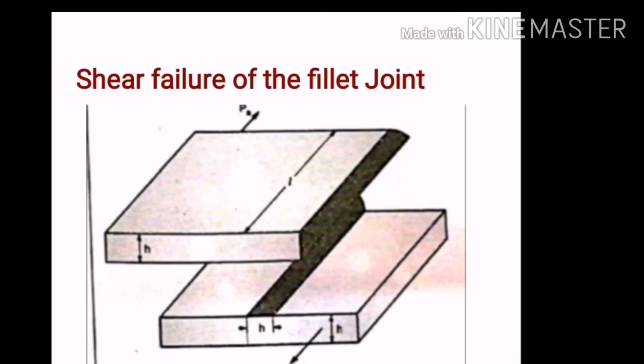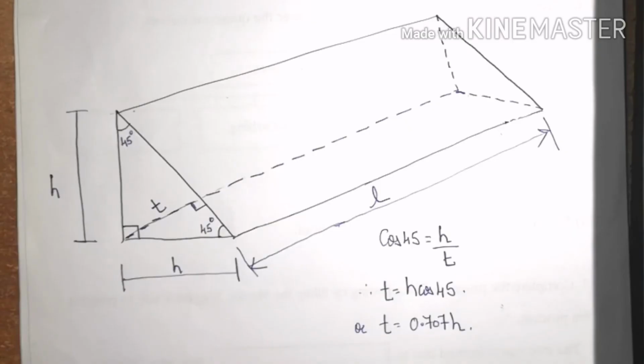Another type of failure of a fillet joint is the shear failure. In this case, the load applied is in the direction of the axis of the weld, and because of this the weld will experience the shear failure. So we have seen the shear and tensile failure of the welded joints.